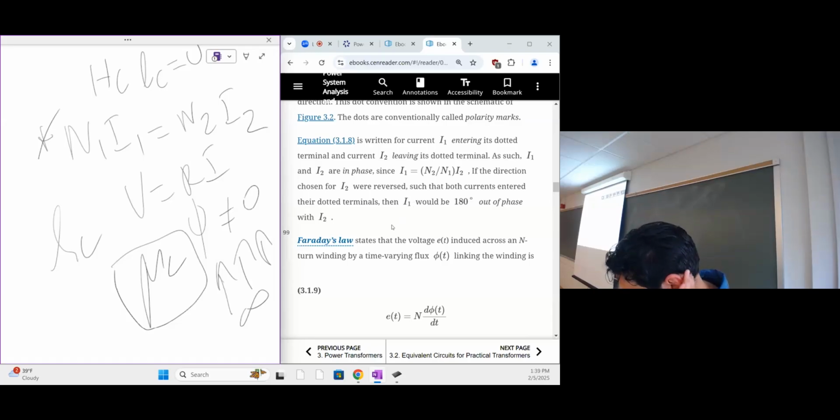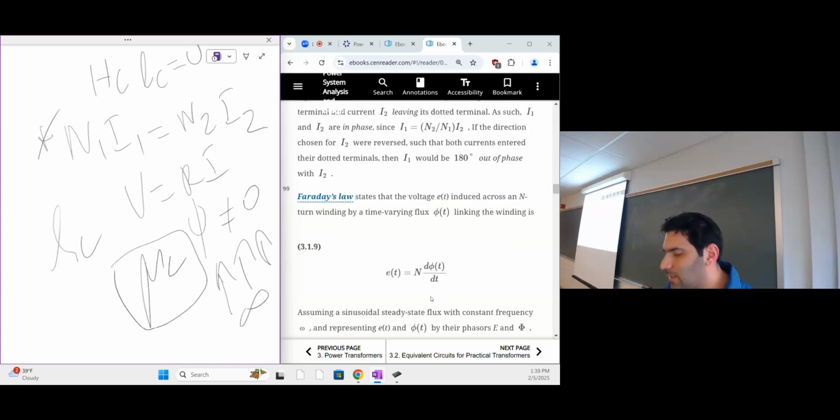Now, Faraday's law. It states that the voltage induced across an N-turn winding by a time-varying flux in the winding is equal to this value. So it seems that whenever that flux starts to be generated, it will induce some voltage again. And that process keeps going on. This value of the induced voltage is equal to N d phi by dt.